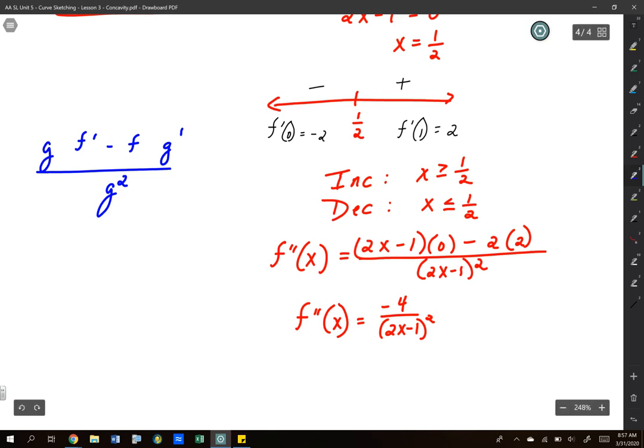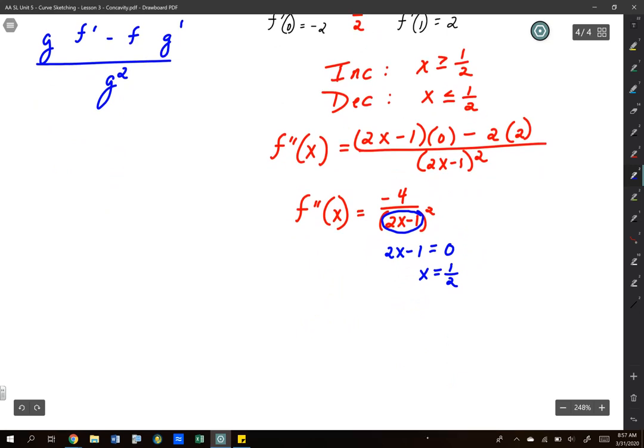So we are going to look at right here. So 2x - 1 equal to 0. We're still going to get 1/2, just like we did when we did the first derivative. Our critical value then is 1/2. And we're going to examine the second derivative at a value before 1/2.